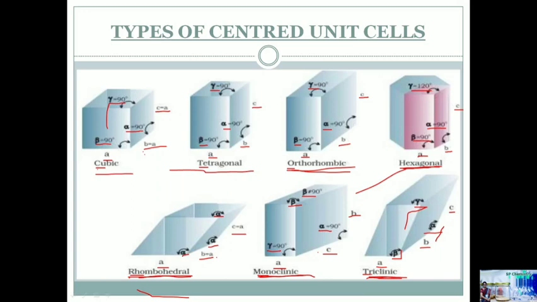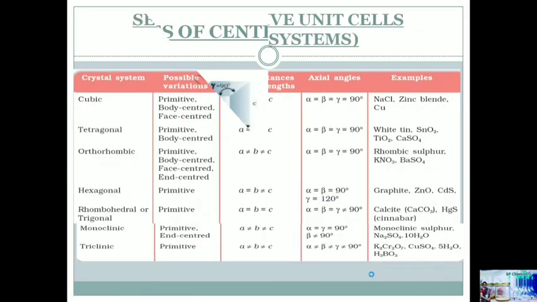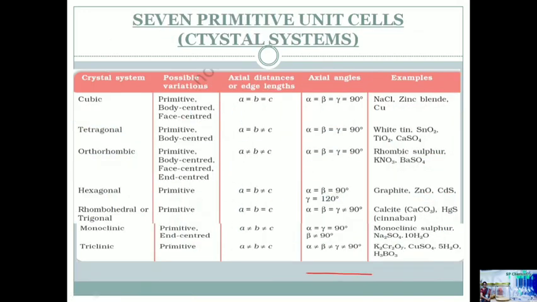And what about the edge length, interfacial angles, and possible variations, how to remember all this? Here I have mentioned the cute crystal systems, then hero, then Munty.